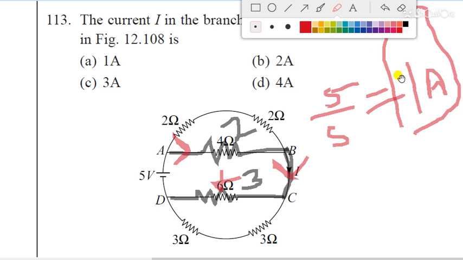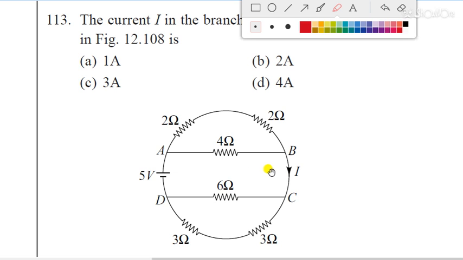If he asks about the current in other branches, like we got this current is 1 ampere, this current is 1 ampere. If he asks about the current through the 2 ohm resistance, this one, because these two are in series, here the resistance is 4, here the resistance is also 4. So current will come from the battery in this way and will be equally divided.